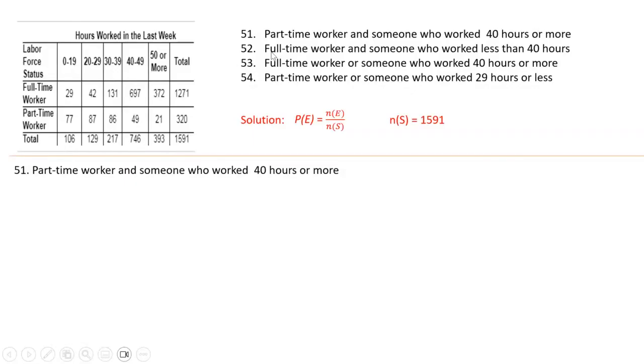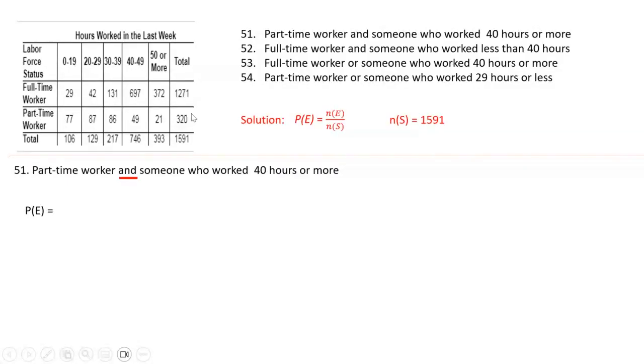Number 51. It says a part-time worker and someone who worked 40 hours or less. Remember, guys, the word and means intersection, and the word or means union, okay? I explained that when we were covering sets. So let's do this, the word and. This is my part-time workers.